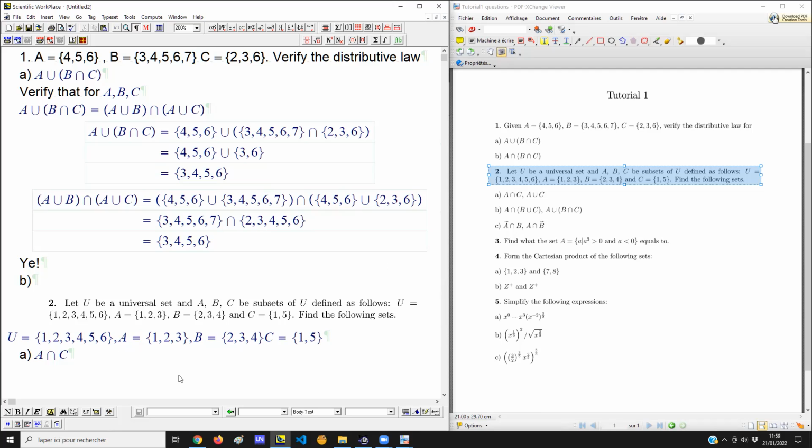Here I'm asking 2 things: A intersection B and A union C. That's not too difficult actually. Maybe I'll do C, because C is different since we have complements.